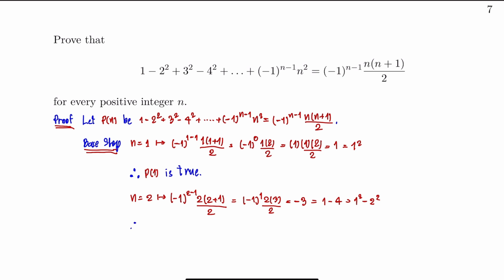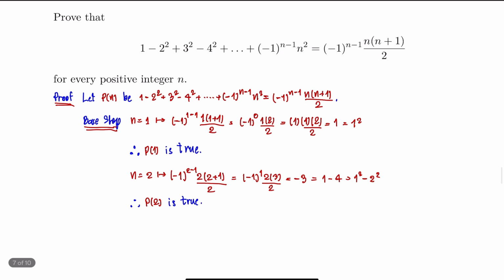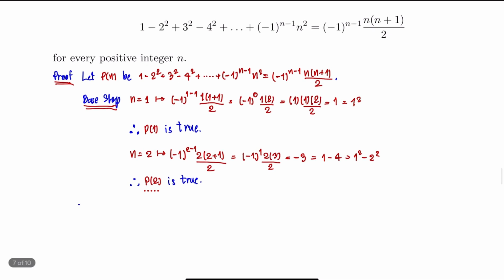This means that P(2) is true. I think P(3), P(4), P(5) will be true. So we already have the base step, so let's go to the inductive step.